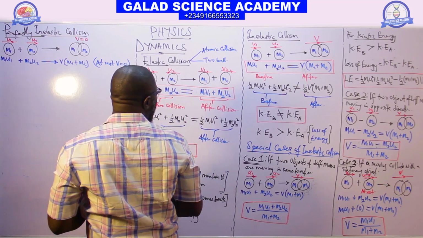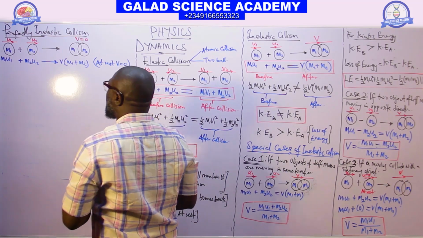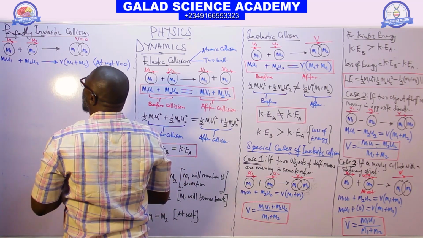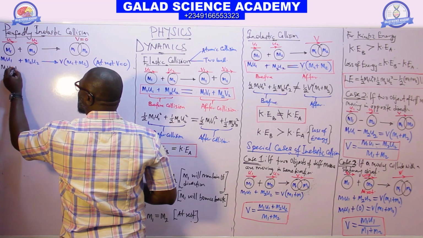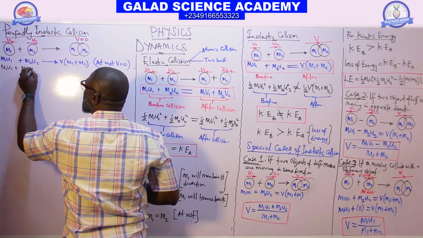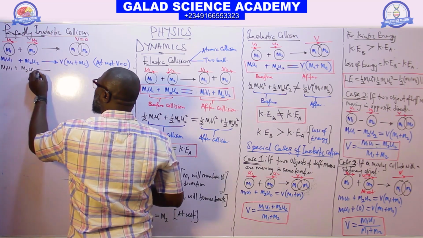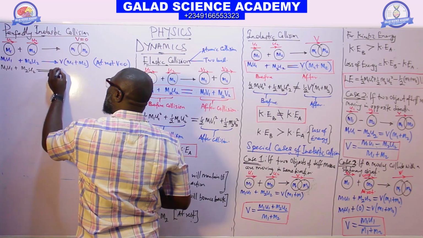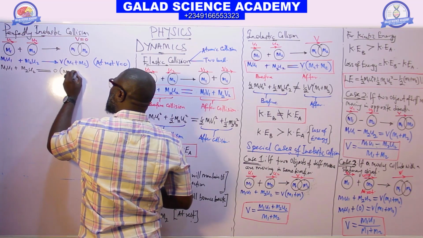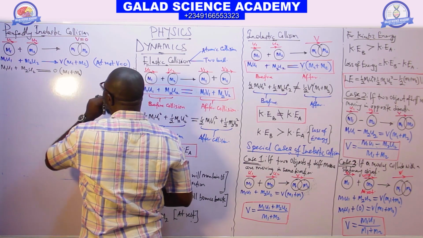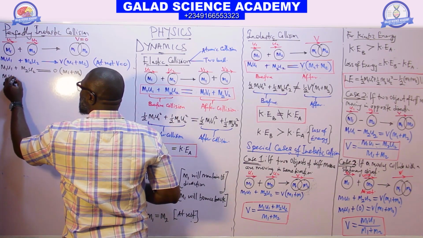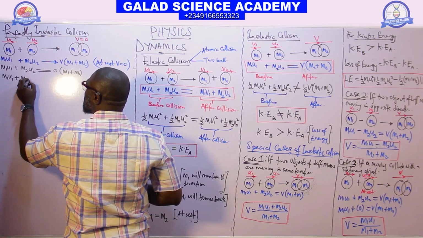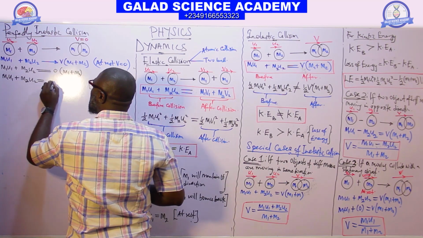So if V is equal to 0 there, we can arrive at M1 U1 plus M2 U2, which is equal to 0 times M1 plus M2. So you now have M1 U1 plus M2 U2 equal to 0.